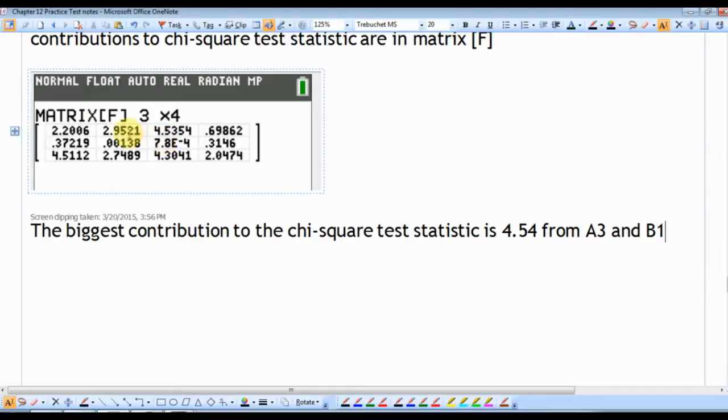Remember, A3 means the third column, B1 means the first row.